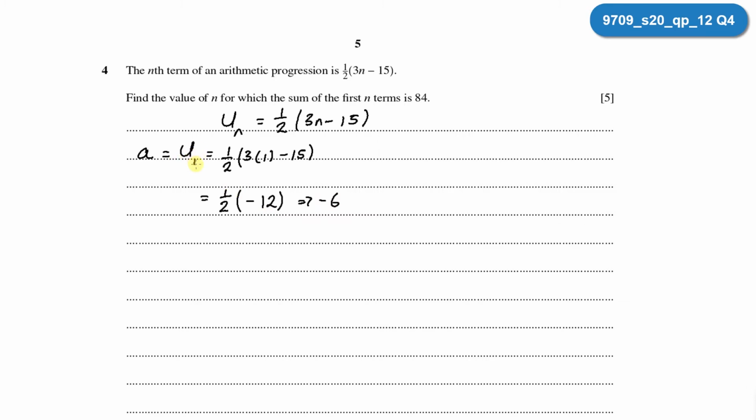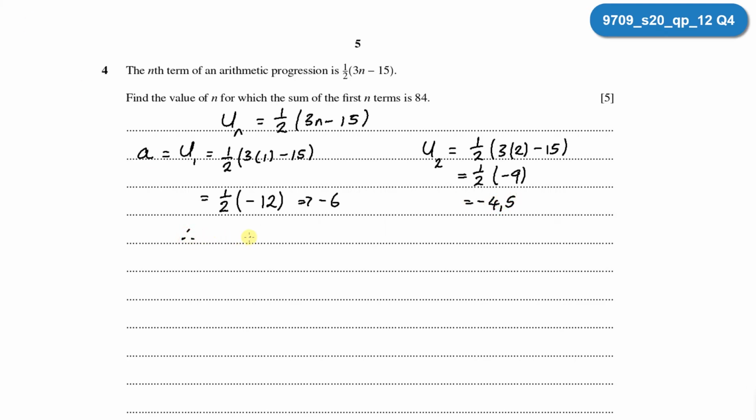So since we have u1, I'm going to also find the second term, u2. That's half of 3 times 2 minus 15, which is half of 3 times 2, that's 6, and 6 minus 15 is minus 9, and half of minus 9 is minus 4.5.